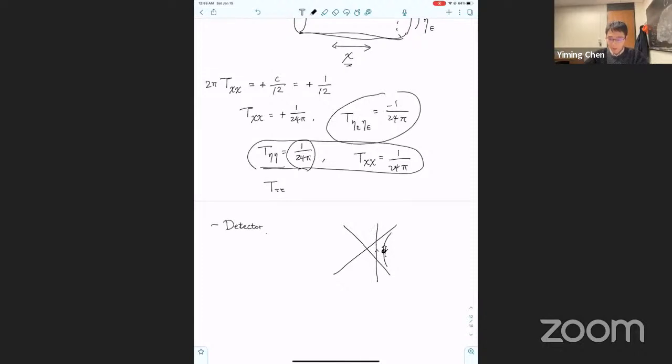I'm not accelerating or anything. How do I describe it? It seems to be a puzzle because in the Minkowski vacuum, if I'm a Minkowski observer, I see no particle whatsoever. So how come a particle suddenly appears and gets absorbed by this accelerating observer's detector? Like the particle emerges out of nowhere.